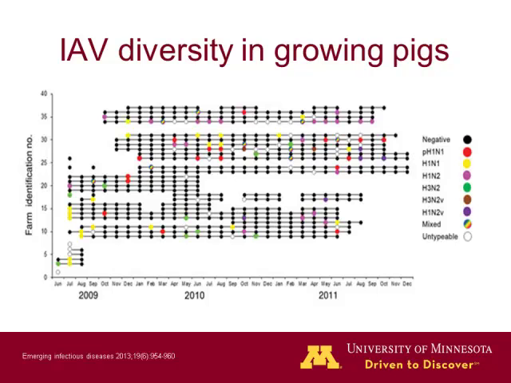Black dots indicate that they were negative, but what I want to show you here is that there are some farms where they were able to find influenza at several different points in time, including different subtypes, shown in different colors. More interestingly, in some sampling periods they were able to find different subtypes of influenza at the same point, which means that if antigenic drift is happening mixed with antigenic shift, the likelihood of influenza changing over time is extremely high.